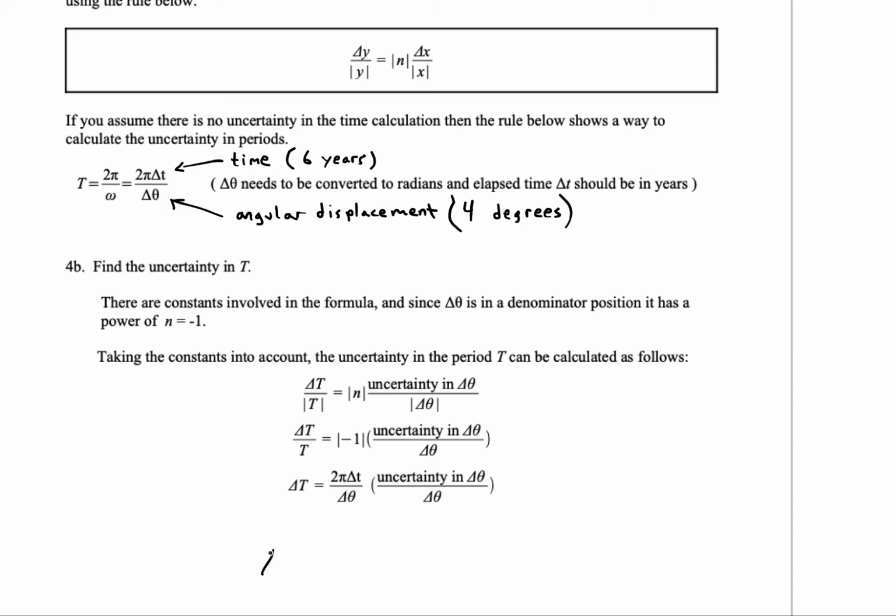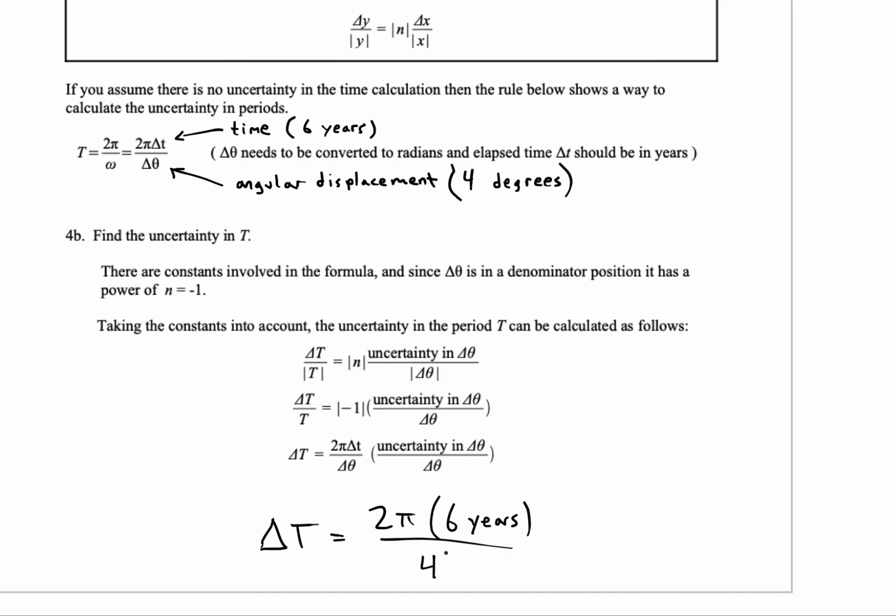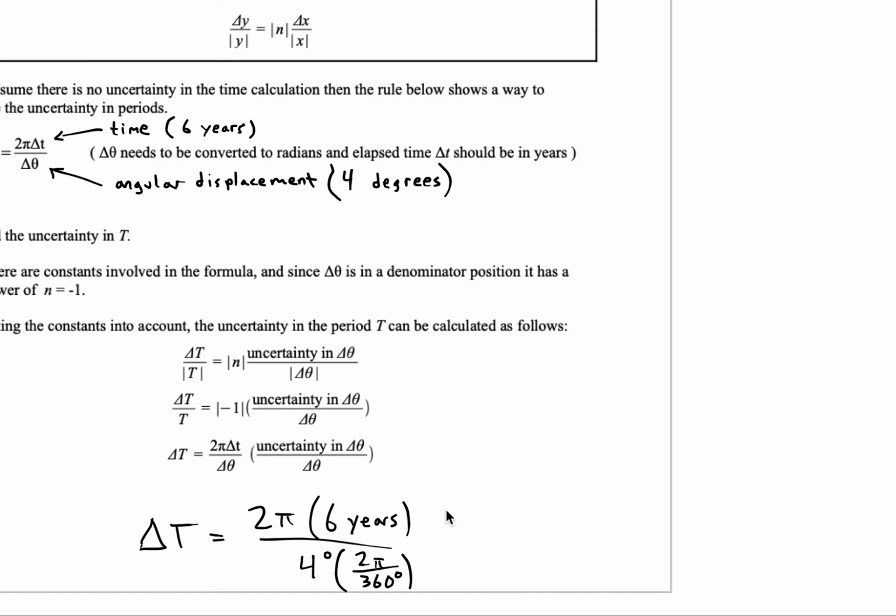So for my calculation, I would say delta t is going to be 2 pi times 6 years over delta theta, which for me was 4 degrees. And since we're trying to find a period in years, I am going to actually convert it to radians. So I'll go with 2 pi over 360, right in the uncertainty as well, because we want delta t.